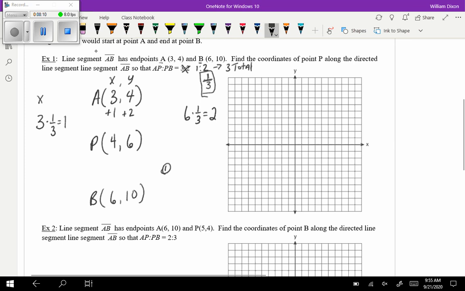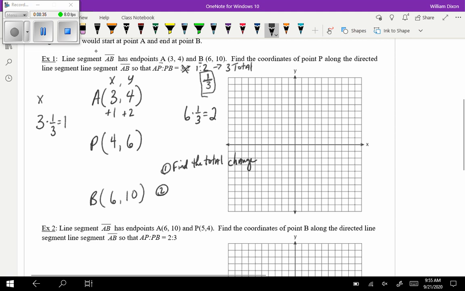1. Find the total change. Now you notice I didn't use the coordinate plane at all for this. It's up to you. You can use the coordinate plane if you want to, or you can use this method. 2.